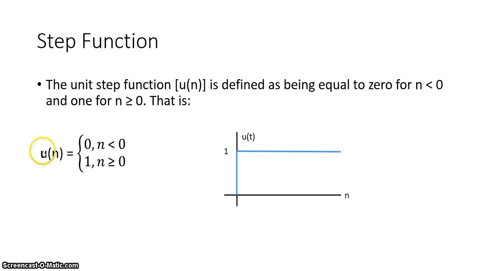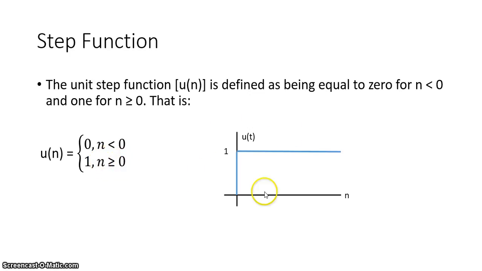So the unit step function in discrete time is 0 when n is less than 0, and it's equal to 1 when n is greater than or equal to 0.